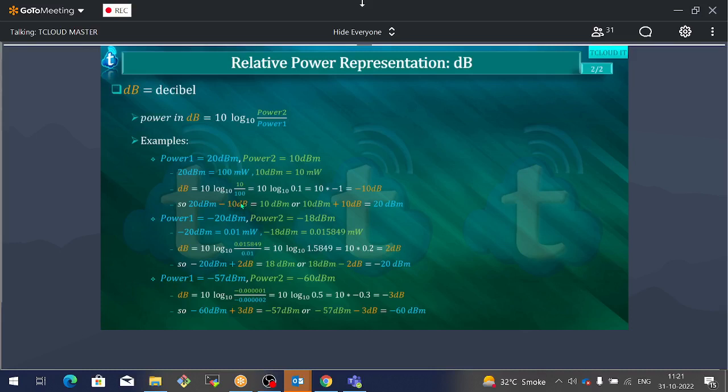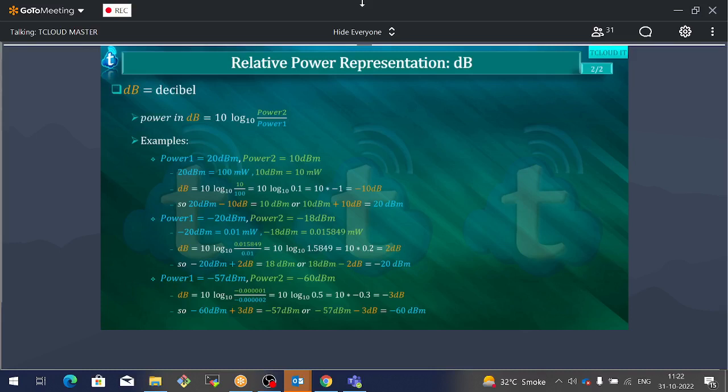10 dB is not a linear value. Please, it is not a linear scale, just like 1, 2, 3, 4. 10 dB is like telling you that there is a 10 level drop that happened to your signal. 100 milliwatt became 10 milliwatt, which is 1 by 10th of a drop. It is not a 10 units drop. If 100 were becoming 90, it would be a 10 units drop.